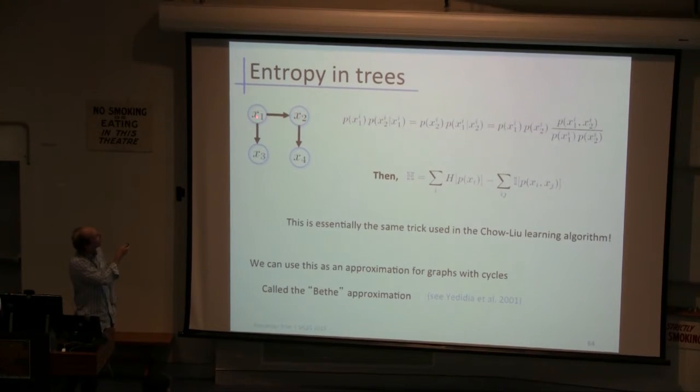It relies on the fact that each pair appears only in one edge. But we can use it as an approximation in graphs with cycles, called the Bethe approximation. And the connection of this work from statistical physics to belief propagation is actually due to Jonathan Yedidia et al. from 2001 or so.